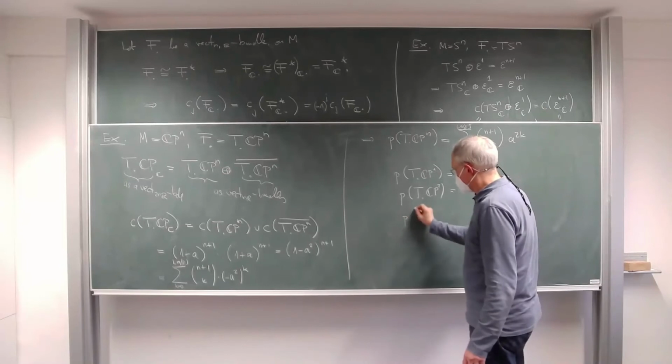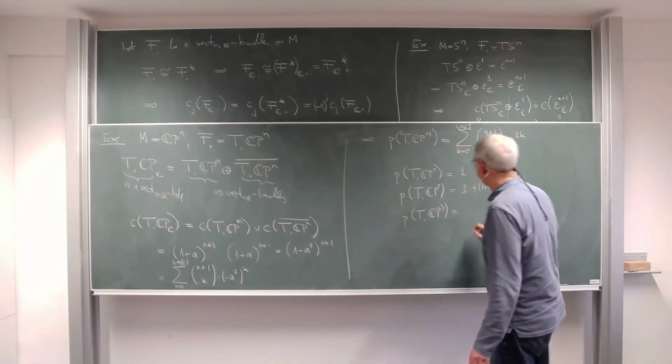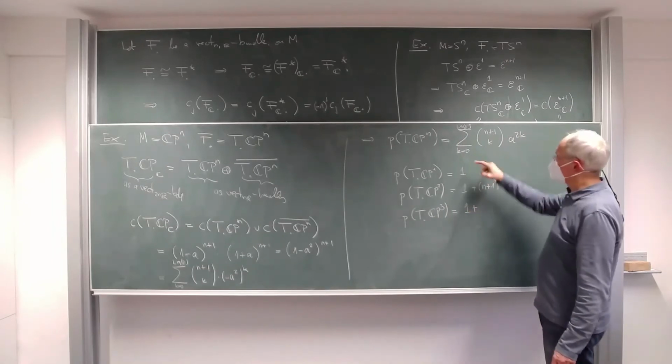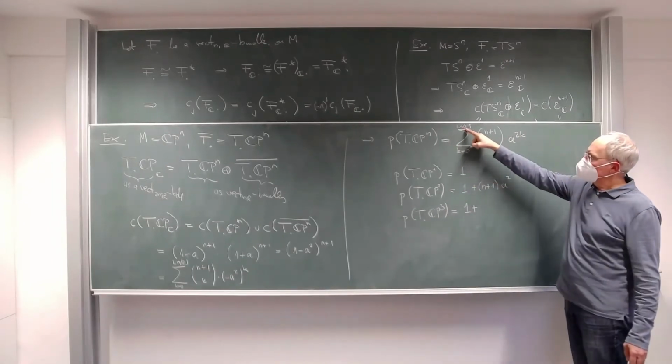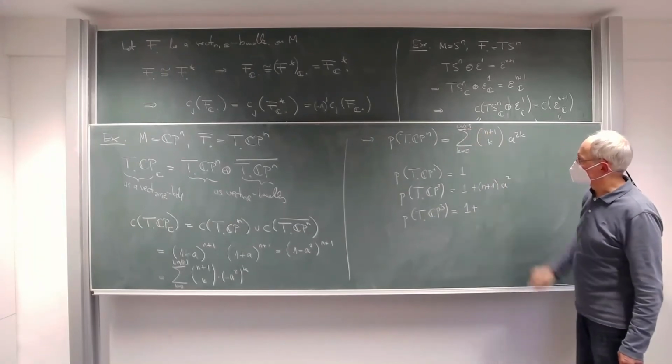Now the Pontryagin class of CP3, a 6-dimensional manifold: 1 plus, now again, so we have 3 over 2 here, so the floor is 1, so we have 2 summands only, k equals 0 and k equals 1.